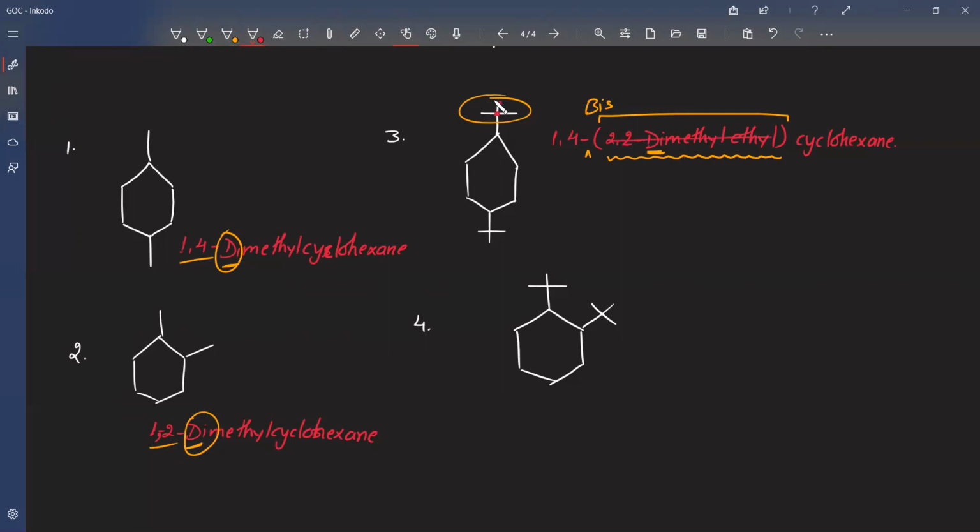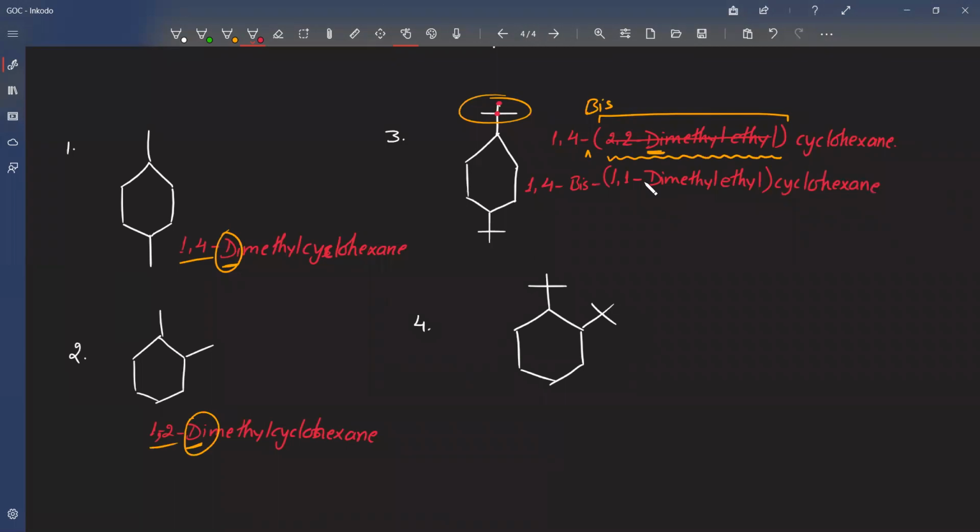So this will be 1,1-dimethylethyl. So the complete name will be 1,4-bis(1,1-dimethylethyl)cyclohexane.